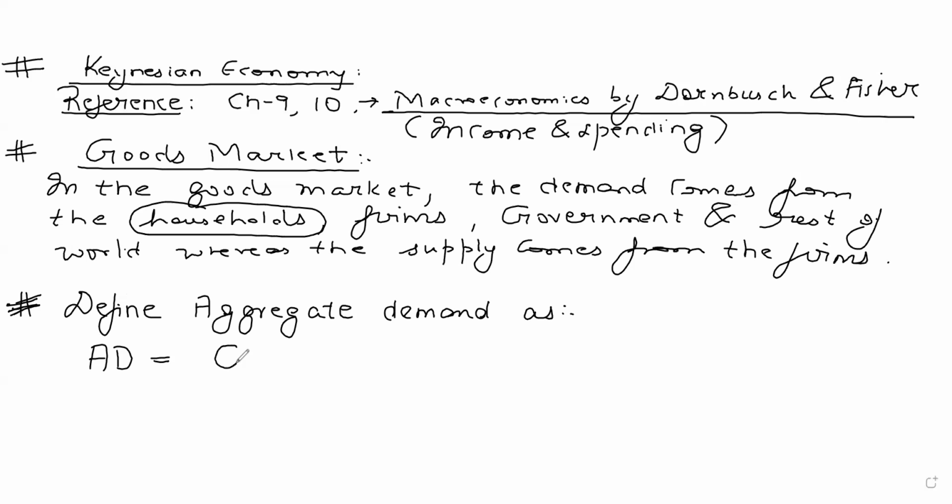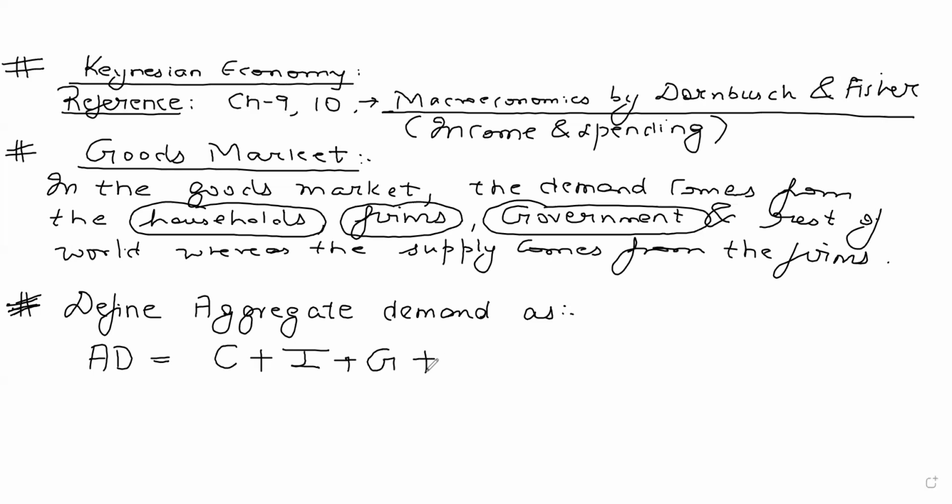Households demand consumption expenditure. Demand is also coming from the firms in the form of investment. Firms borrow money from the banks for investment. Demand also comes from the government in the form of government expenditure. Government also borrows to finance its deficits, budget deficits. The government also borrows to finance its own expenditures of building bridges, roads, public parks, etc.